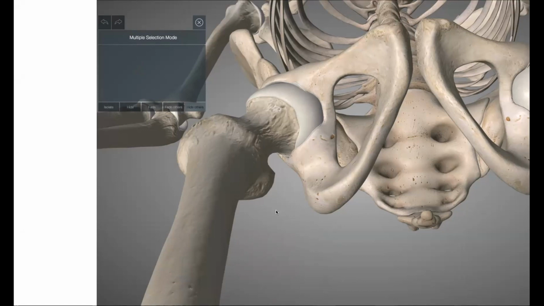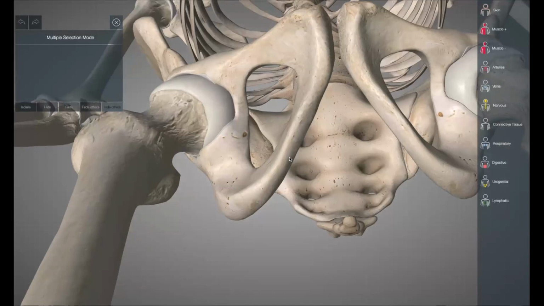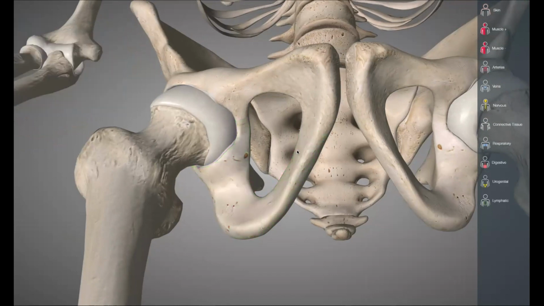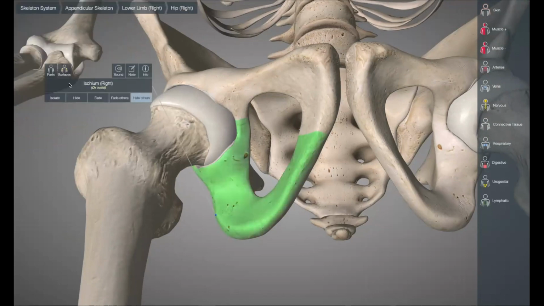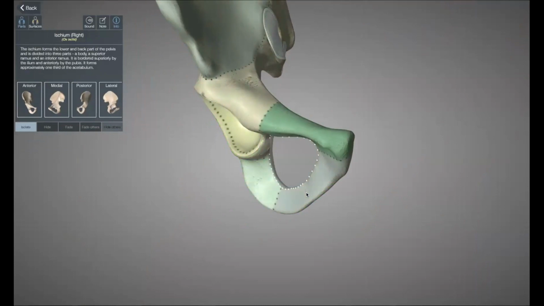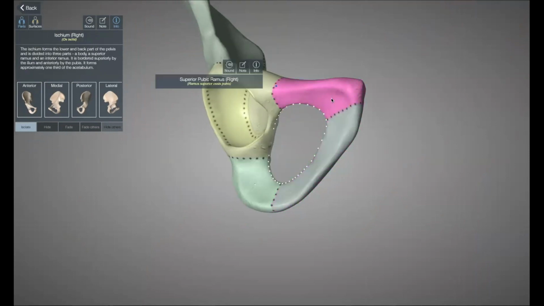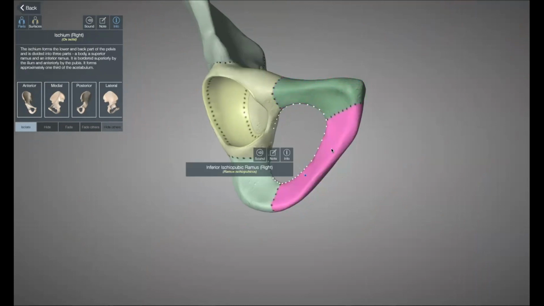You mentioned rami, so is anteriorly the pubic arch plus rami, or just a connection of the rami? Let me show you what I mean. You have the ischium. If you click parts, it's the inferior ischiopubic ramus, because this is the connection between the ischium and pubis.